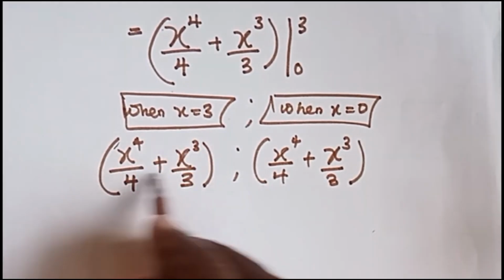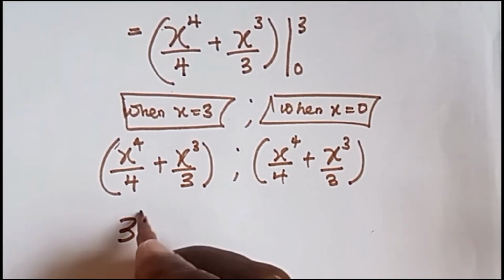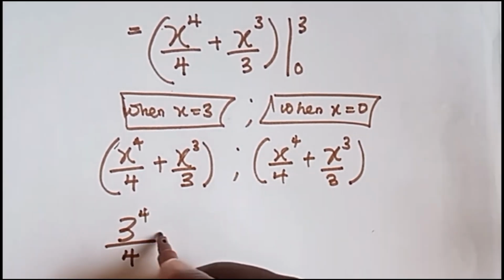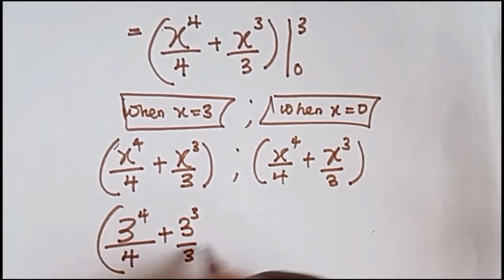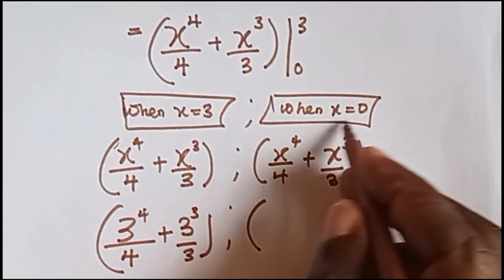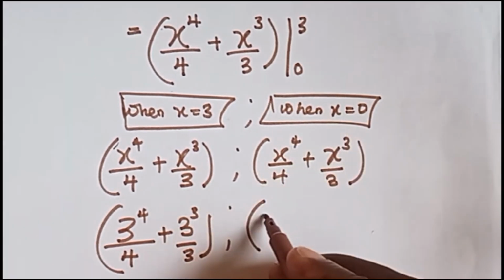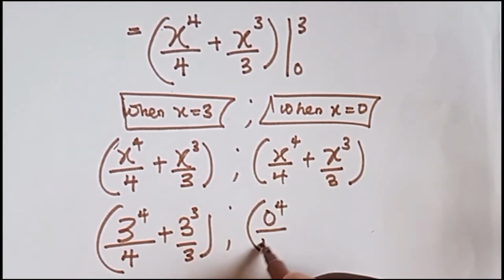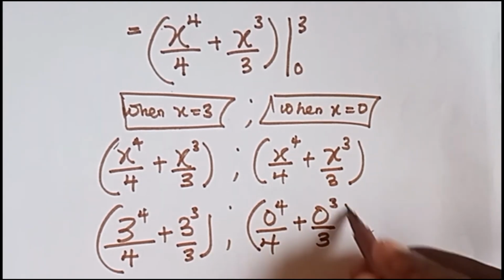Anywhere we see x in this expression, we write 3. So we have 3^4 over 4 plus 3^3 over 3 for this. And for this, anywhere you see x, you write 0, because here x equals 0. So 0^4 over 4 plus 0^3 over 3.